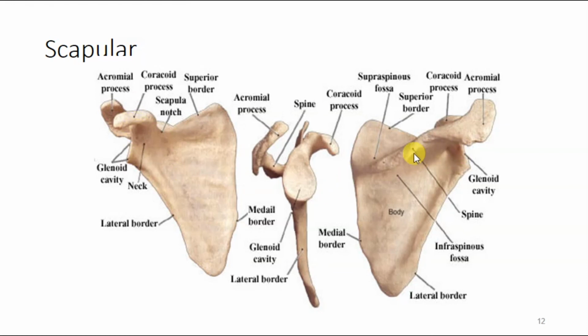The spine appears on the backward side. From the front you cannot see the spine. So this is the anterior view, this is the lateral view, and this is the posterior view of the scapula. Now it is very important for you to understand, you may be asked, is this scapula of the right hand side or of the left hand side?